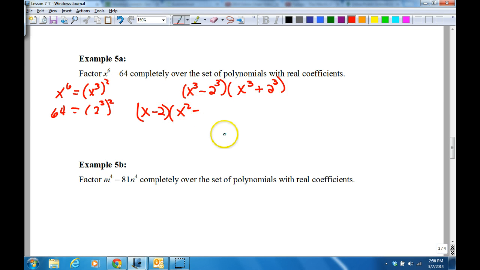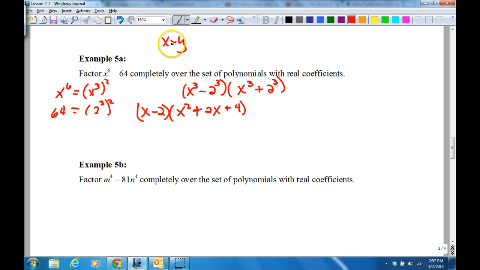So this will be x squared. What's my middle term on this, you guys? It's 2x. Yep, it's a 2x. And then what's my last term on this one? 2 squared, which is what? 4. I'm putting it back into our formula, remember?